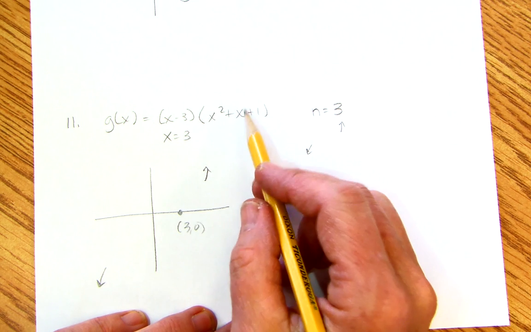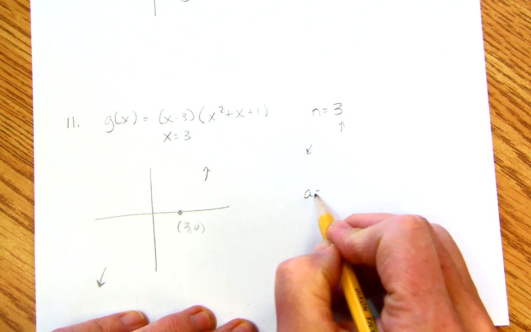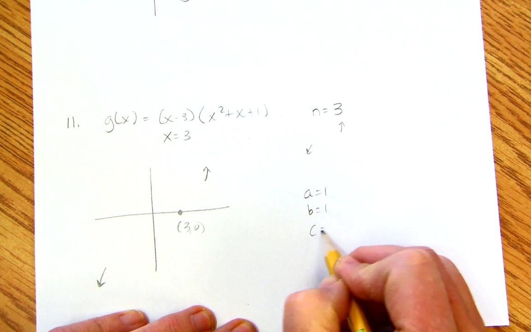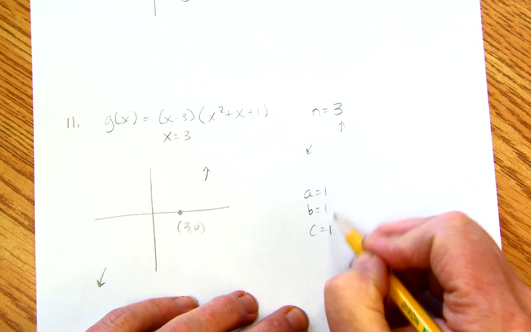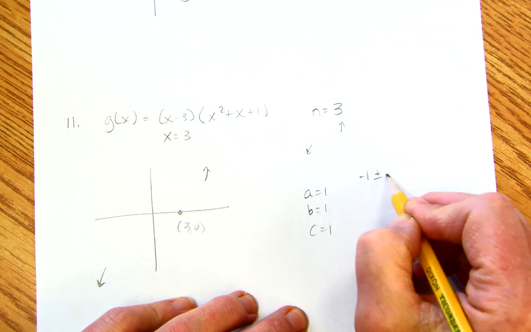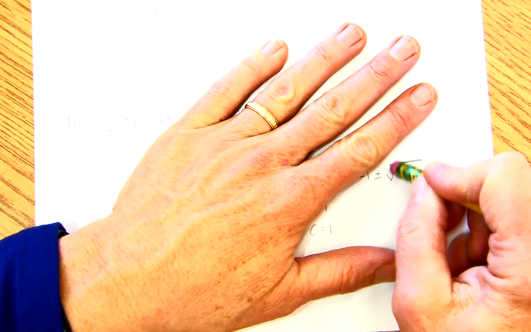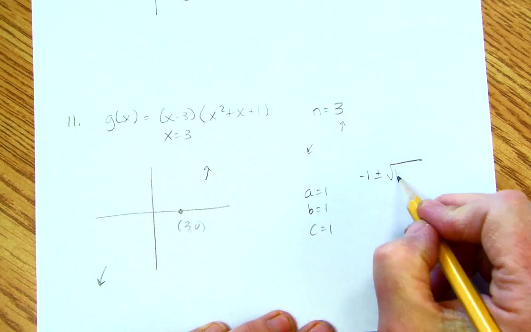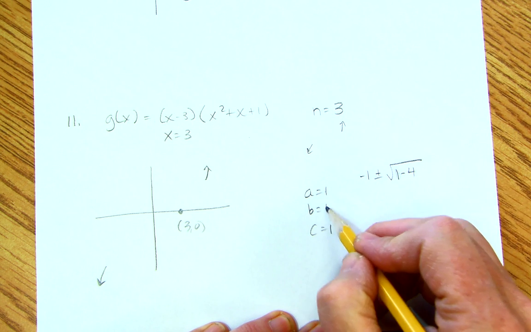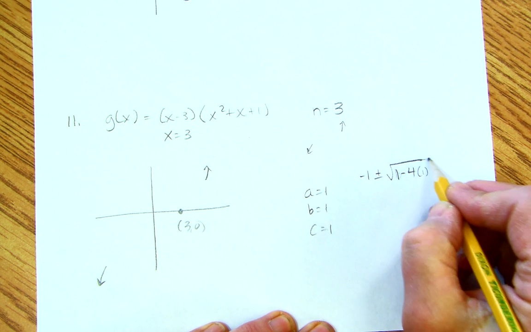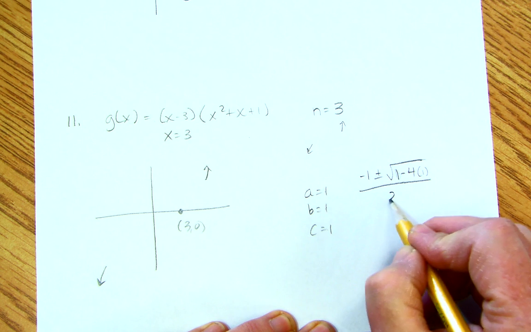I'm going to use the quadratic formula. A equals 1, b equals 1, c equals 1. So negative b plus or minus the square root of b squared. B squared will just be 1. Minus 4 times a times c, so that's just going to be minus 4, all over 2a, which is 2.